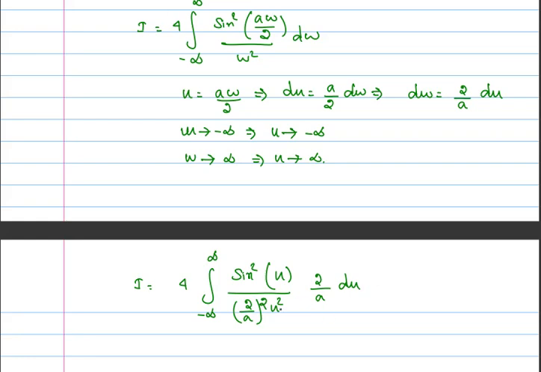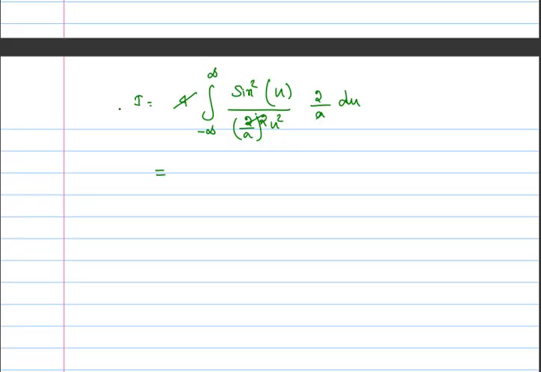Now you look, the denominator, this 2 square is 4, so this and this cancel out each other. So our integration becomes 2 and a, this a and this a cancel. So 2 times a integral from minus infinity to plus infinity of sin square u divided by u square times du.